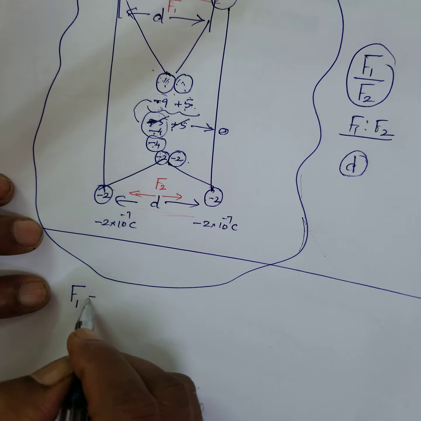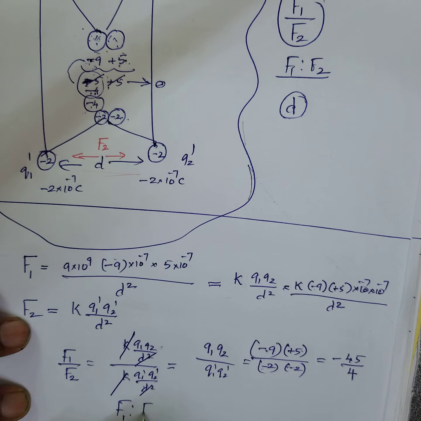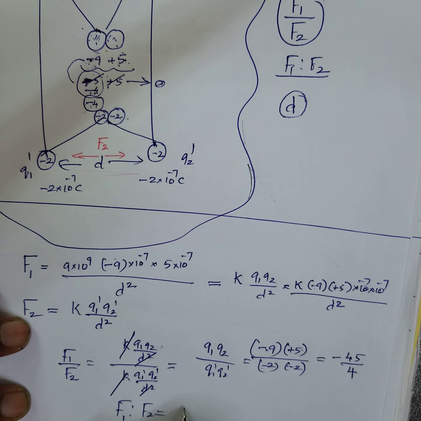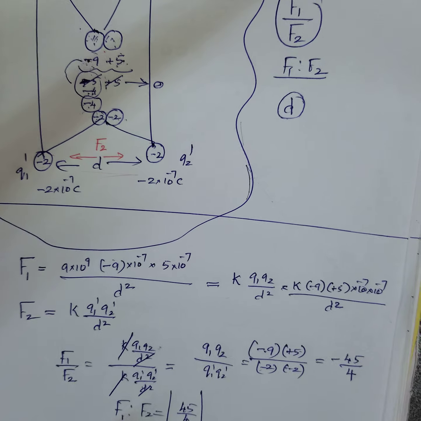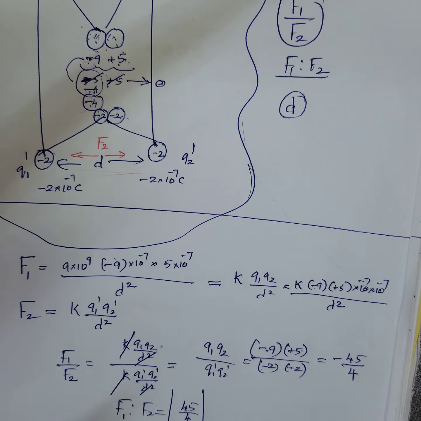The second case is minus 2 and minus 2. Minus 45 over 4, minus to minus plus. Therefore F1 is to F2 is equal to 45 by 4 numerically.